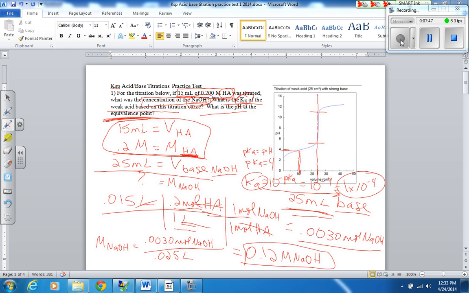Halfway between those is the equivalence point. So you look at this region of the sharp increase, and you go halfway between the top and the bottom of that, and that is the equivalence point. And then you read off the pH. So the pH at equivalence for this particular graph is approximately what? There you go. There's number 1.